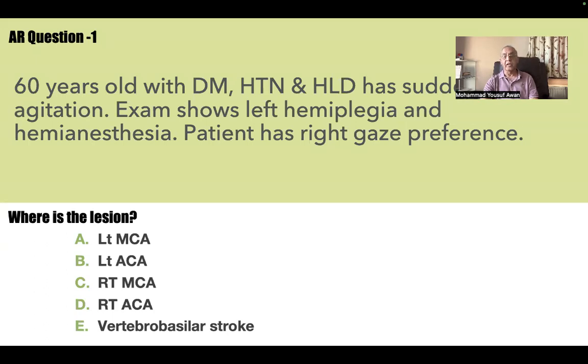The patient has right gaze preference. So where is the lesion? Left middle cerebral artery, left anterior cerebral artery, right middle cerebral artery, right anterior cerebral artery, or vertebrobasilar system? You can pause the video and think over it for a minute and come back to the discussion, please.